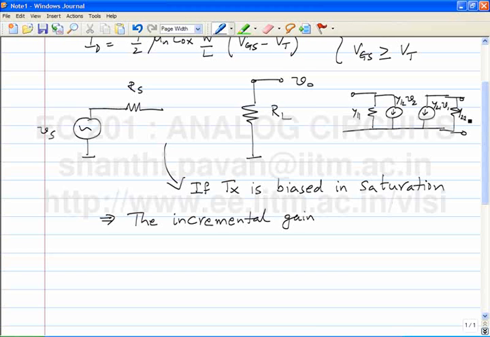So Y11 is 0, so what happens to this? Open circuit, so this goes away. What about Y12? Is 0. What happens to Y22? 0. And what is Y21? GM.